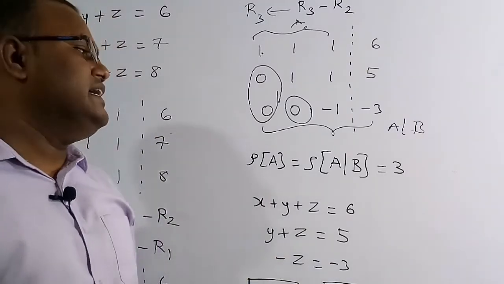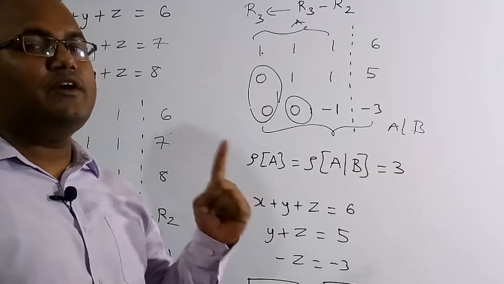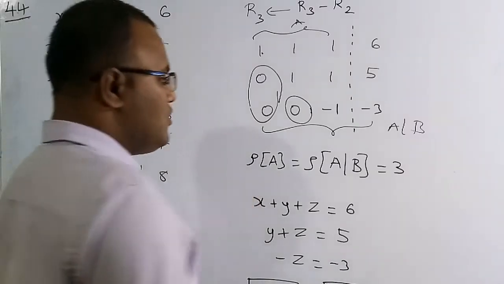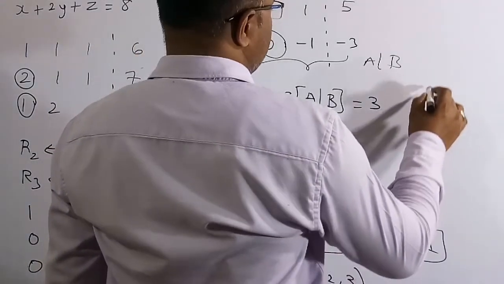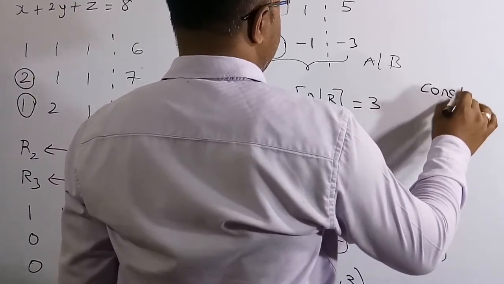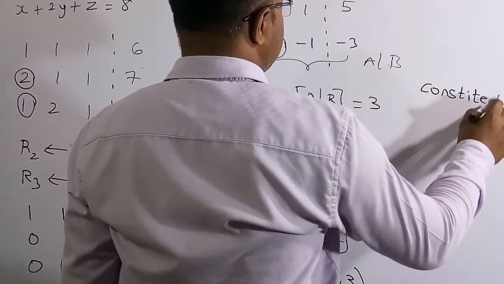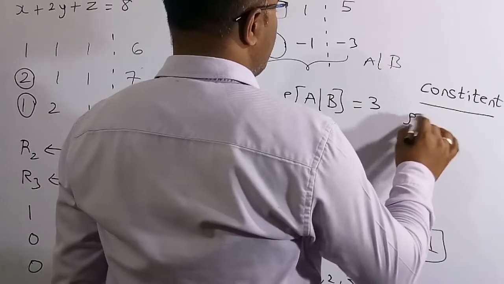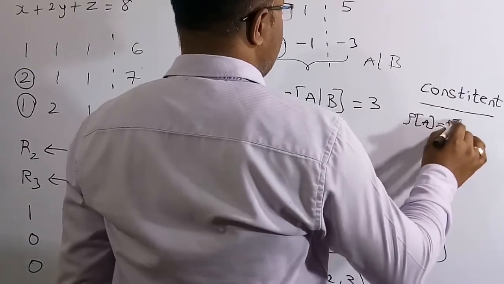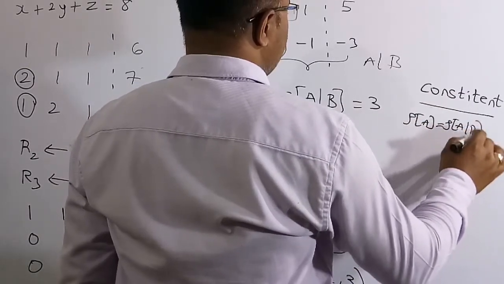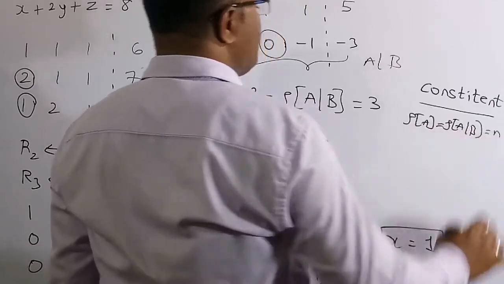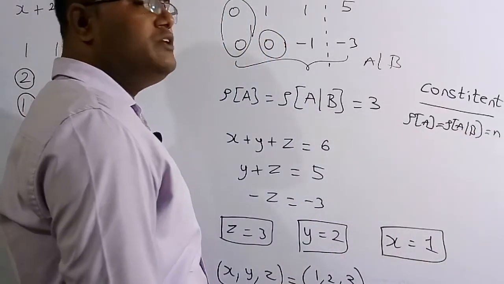So simply we can say that only a unique solution is going to exist. So the condition is, the system is going to have a consistent solution only when rank of A is equal to rank of A bar B. If it is equal to the number of unknown variables, then we are going to have only a unique solution.